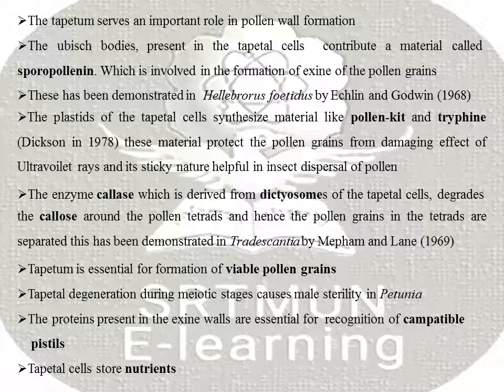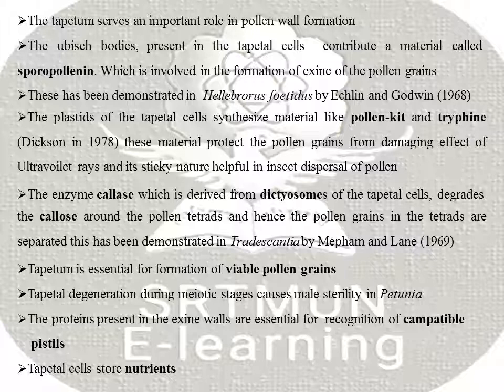The plastids of the tapetal cells synthesize materials like pollen kit or tryphine, Dickinson 1978. These materials protect the pollen grain from the damaging effect of ultraviolet rays, and its sticky nature is helpful in insect dispersal of pollen.